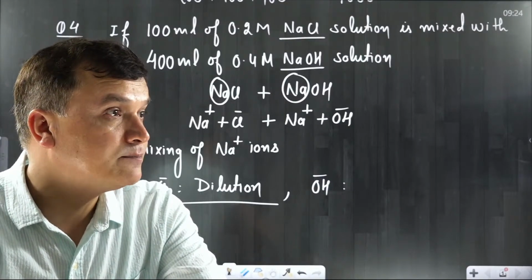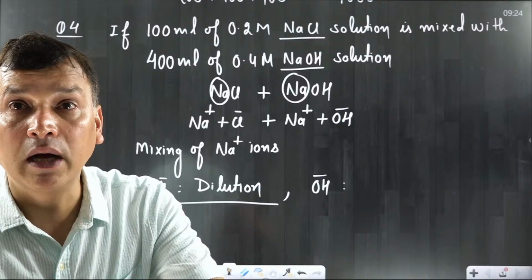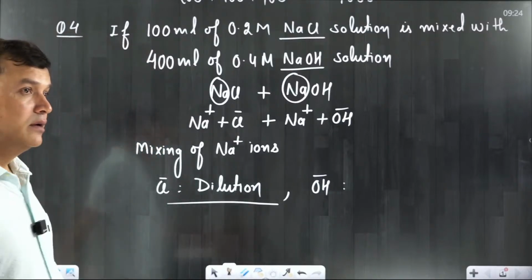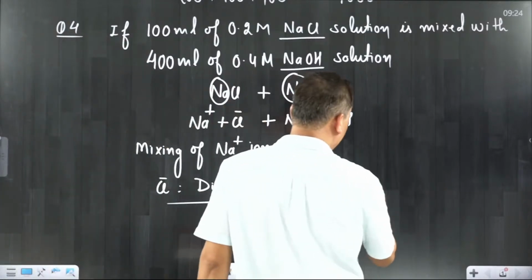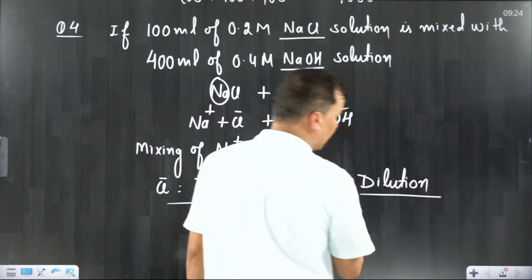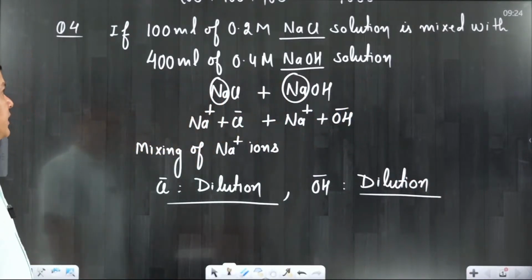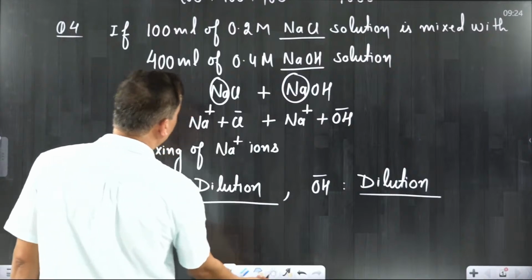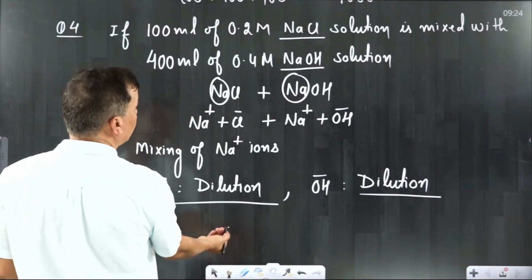And what about the hydroxide ion? My dear student, there will be dilution of hydroxide ion. Am I clear? So dear student, I am writing here. Now first of all, question is what?